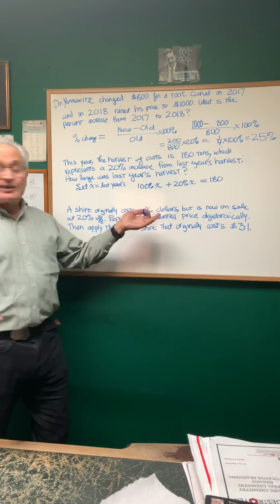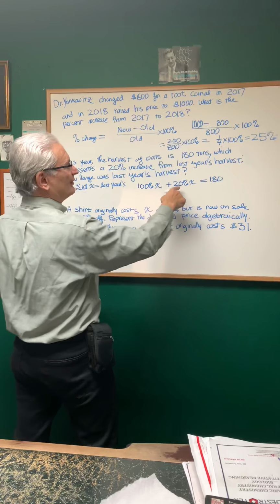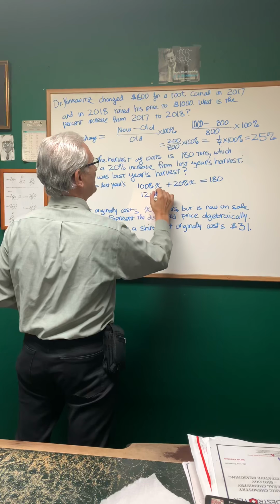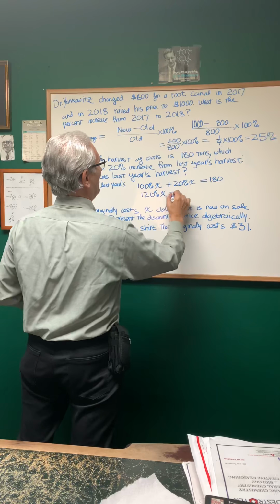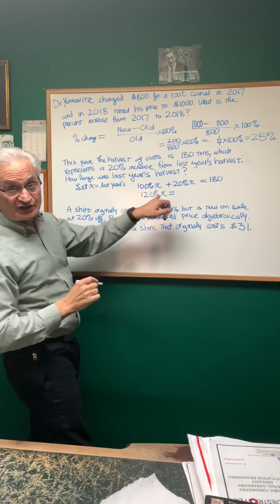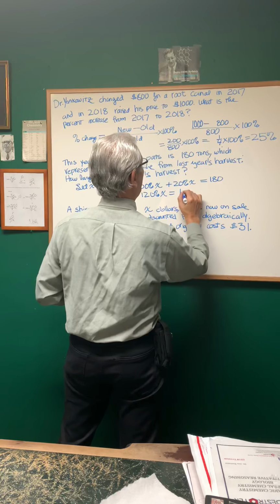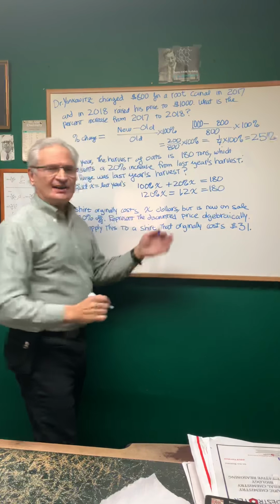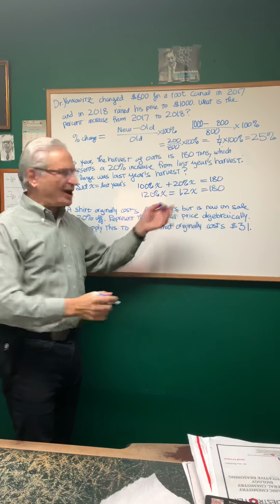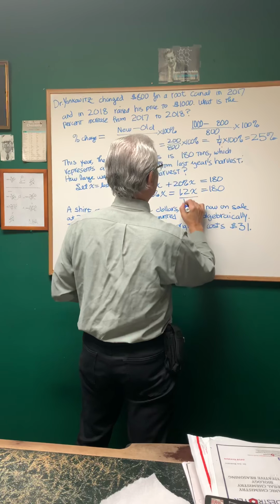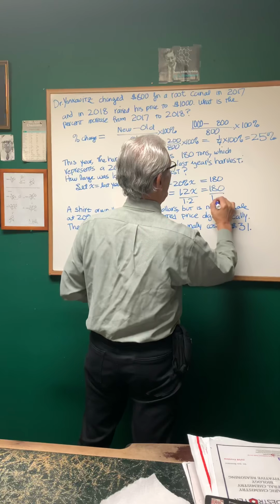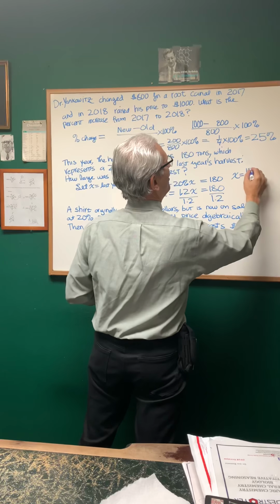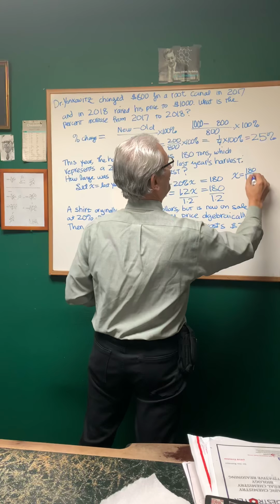Well, now we can solve this very easily. 100% X plus 20% X is equal to 120% X, which, changing a percent to a decimal, is 1.2X equals 180. And now we simply divide both sides by 1.2, and we're going to get X equal to 180 divided by 1.2.